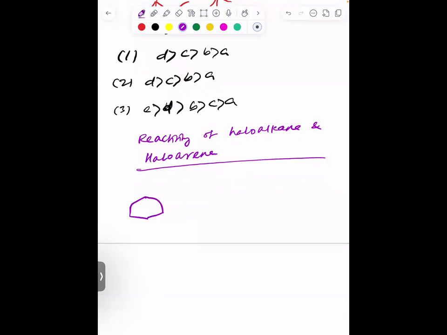See, if you look at this chlorobenzene, we can draw the resonance structure because chlorine has a lone pair. Due to the presence of the lone pair, it can make resonance, and that effect is known as the plus M effect.